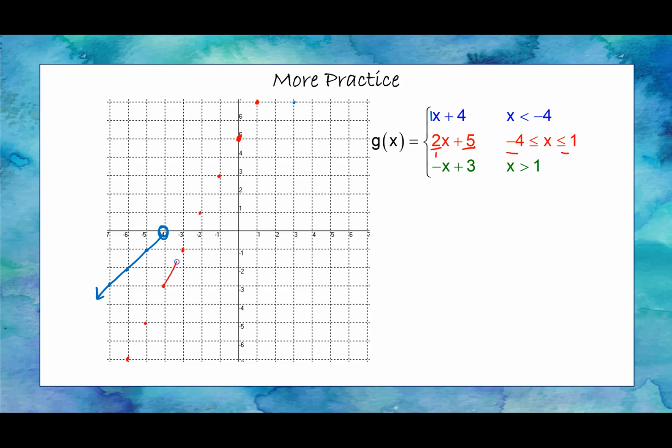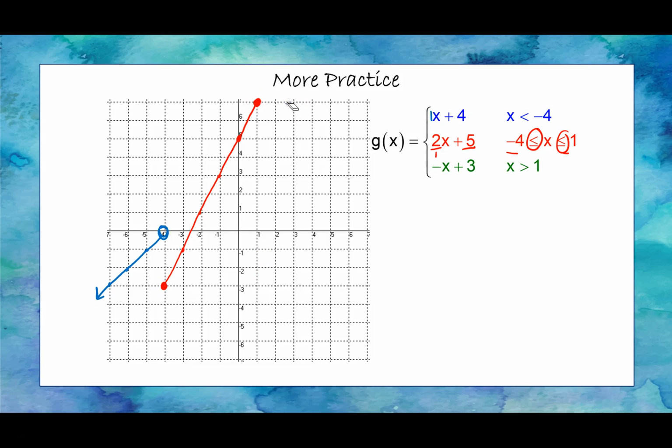So that's between -4 and 1. It's quite a ways. Looks like it's from there to there. See how I'm from -4 to 1. And now let's go ahead and erase those points down below. And notice that these are both less than or equal to. They're that equal to, so I'm going to go ahead and put a solid point there.